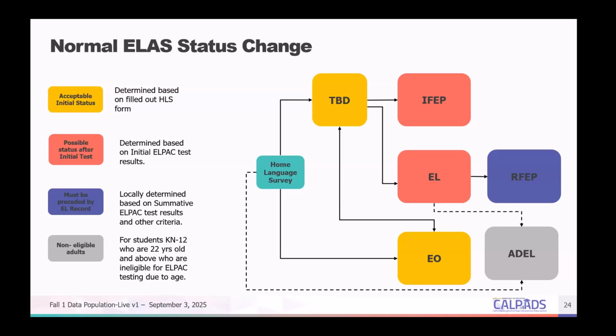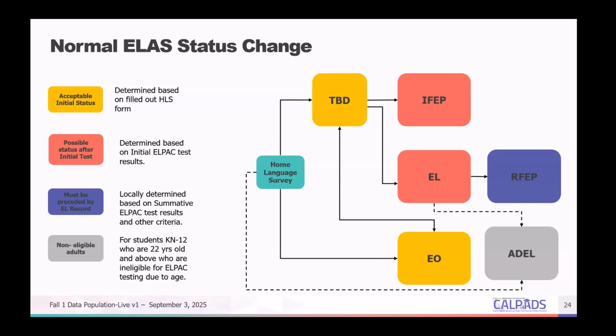If the home language survey indicates English or American Sign Language is the sole language spoken at home, the student will be given an ELAS of English only. If it indicates a primary language other than English or ASL, the student will get an ELAS of TBD until they are given the initial LPAC assessment.